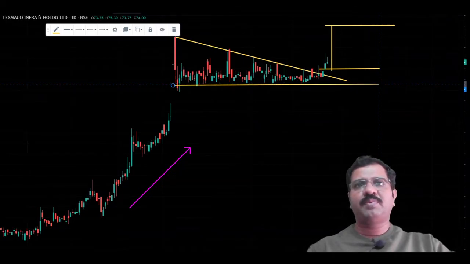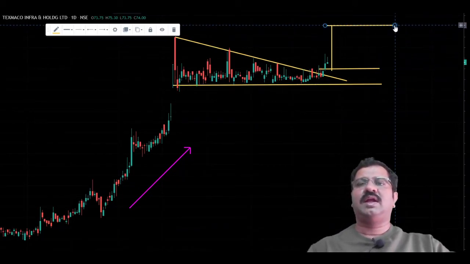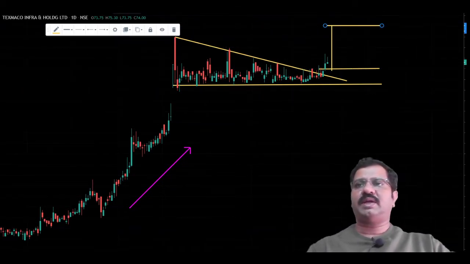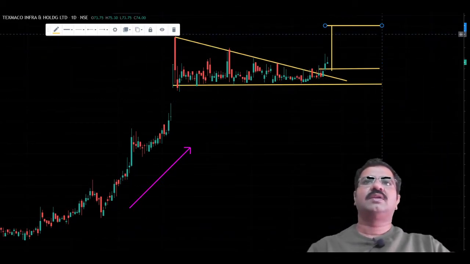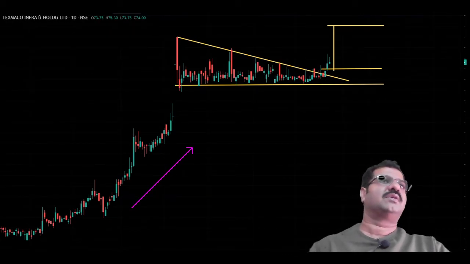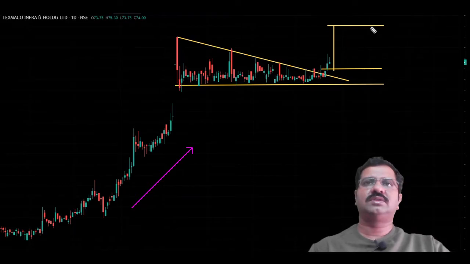Now you can compare it yourself in each of the charts which I show, and you can go and check your own patterns. In those patterns you can see this distance is your reward, and this is your risk.